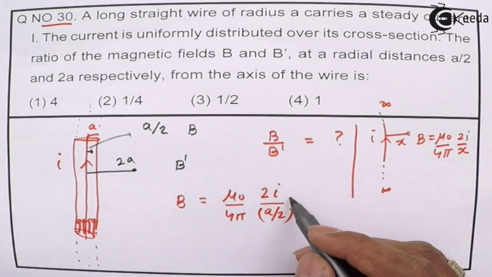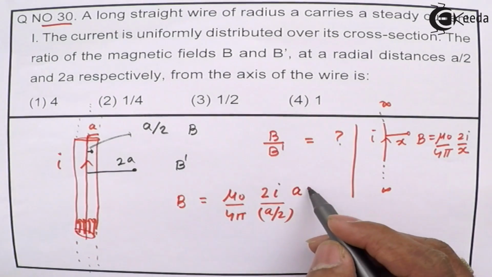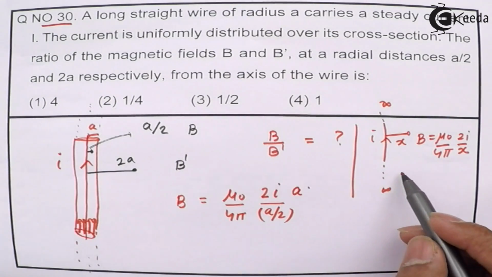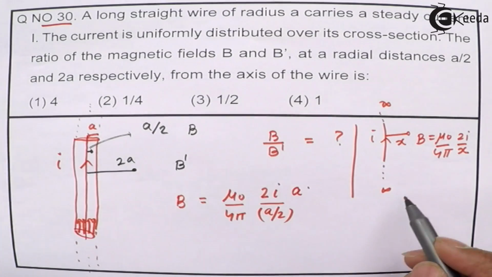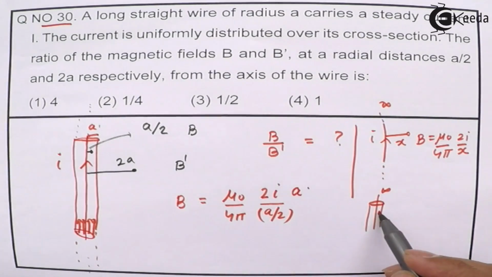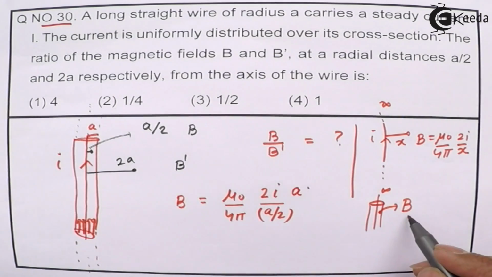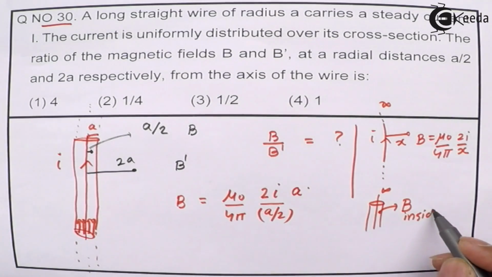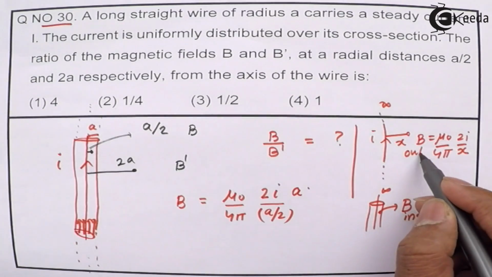For the interior point I have not written the formula, so let me write it. This is the formula for an outside point, and for an inside point it is different.